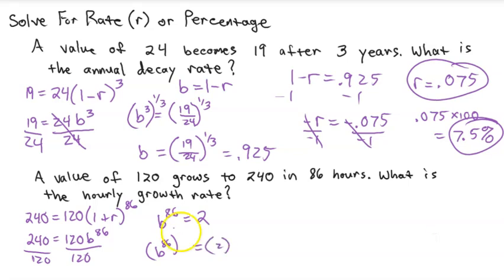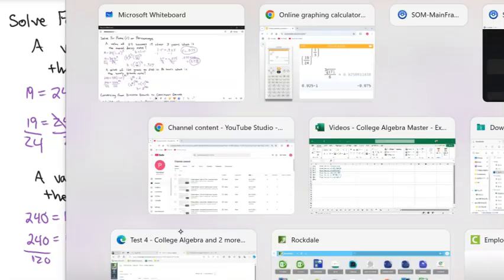And then we're going to do the 1 over 86 power on both sides, okay? Over here, it's going to cancel the 86, and we're going to have b is equal to 2 to the power of 1 over 86, which we can key into a calculator.